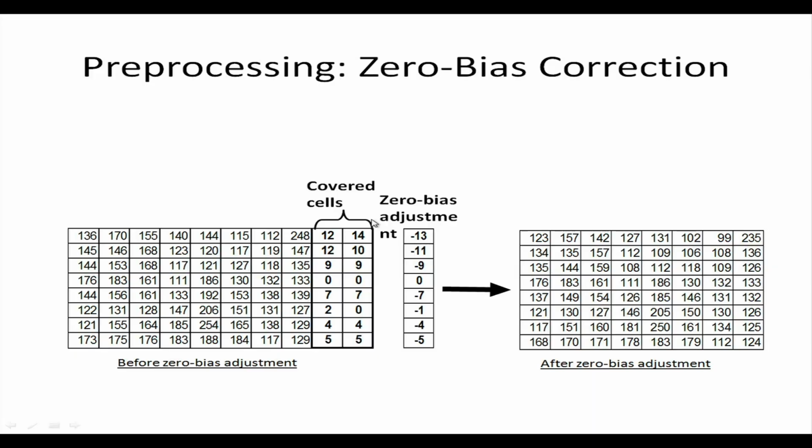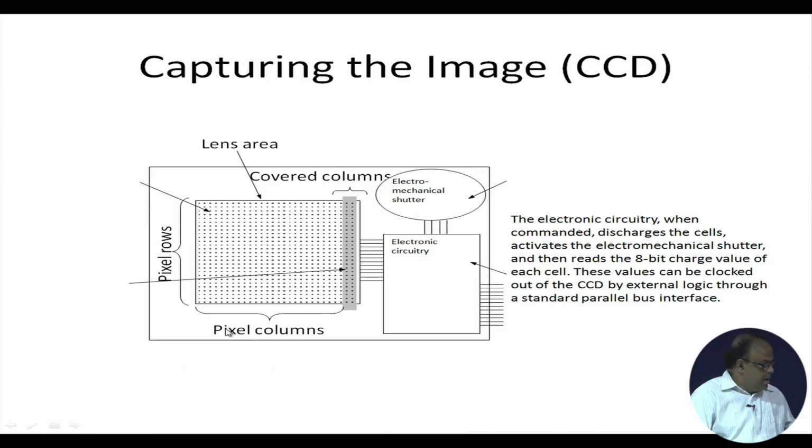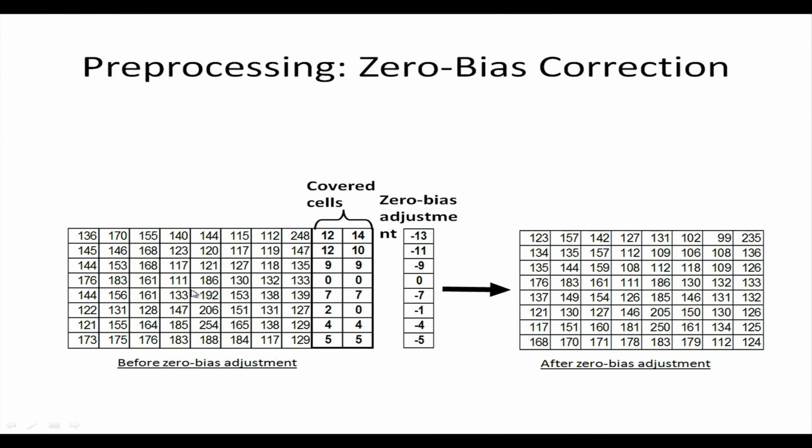So, that is in essence the structure of the CCD part, okay, how we will capture the images. As I had said, after we capture the image, the next step will be pre-processing, and the pre-processing will start with 0 bias correction. Here we have got a matrix, 8 by 8 we are showing, plus 2.